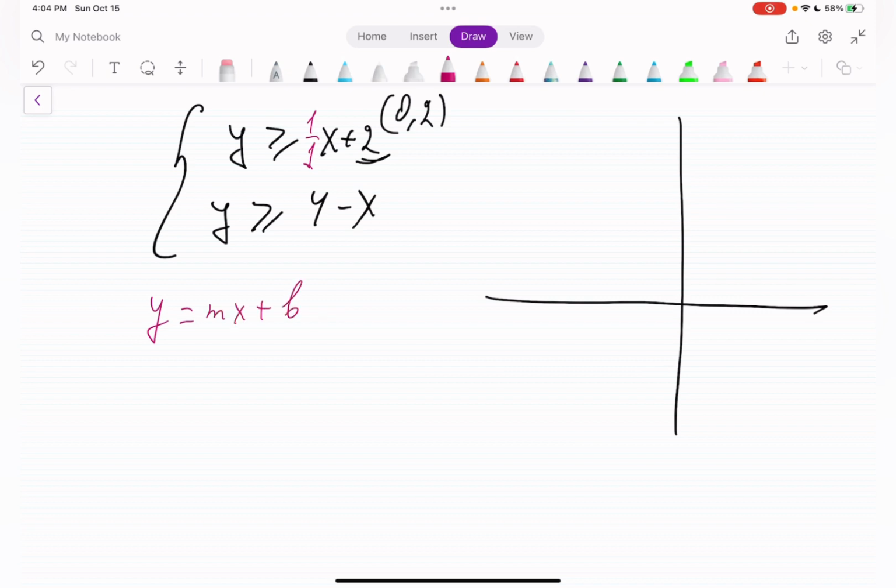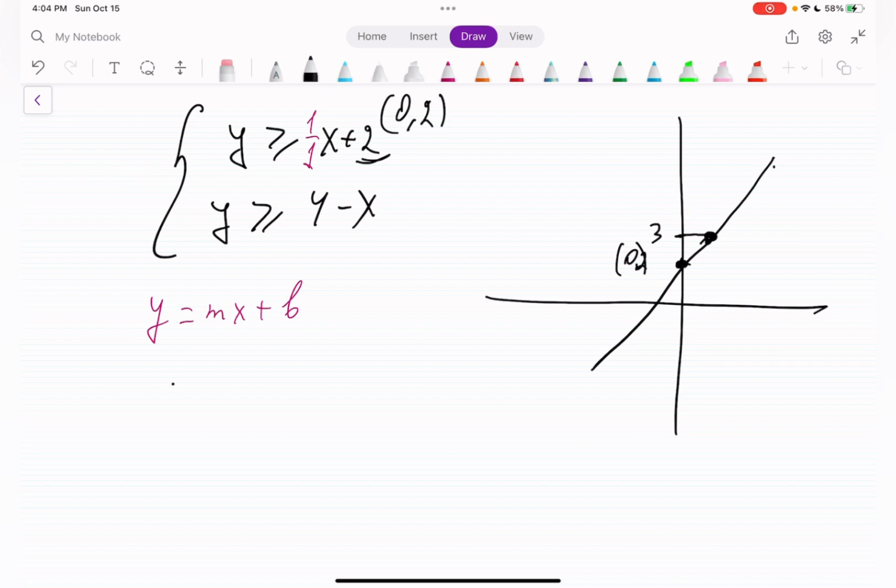So I'm starting with 0, 2, and slope 1 over 1 means rise over run, rise 1 and run 1. Here is this point. Because we have an equal sign, the line is going to be a solid line.